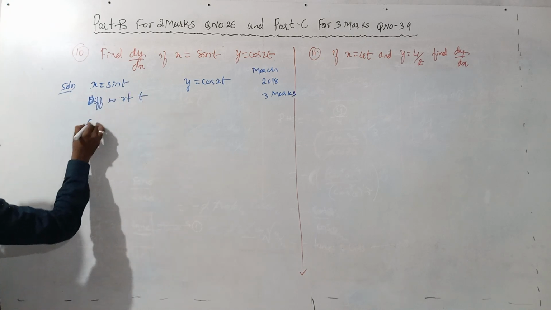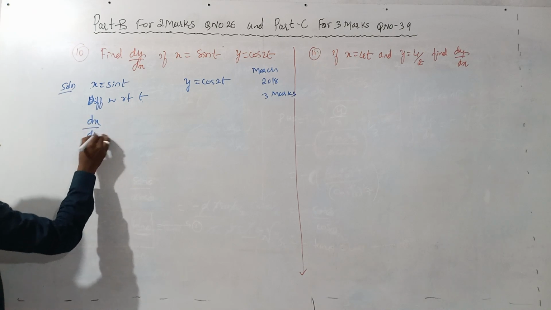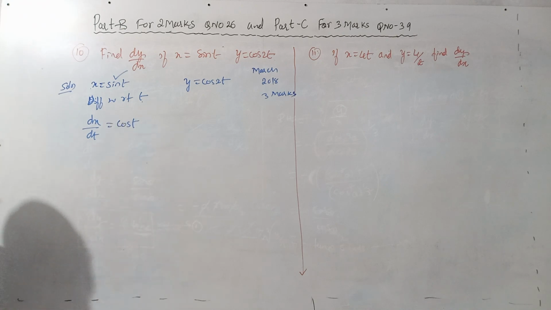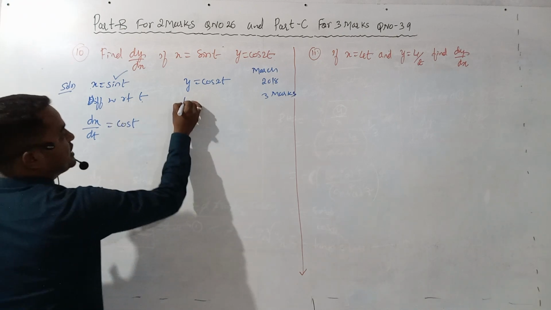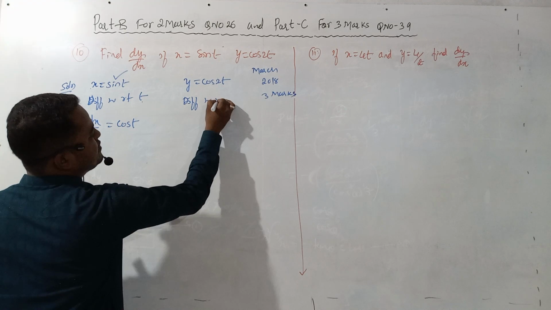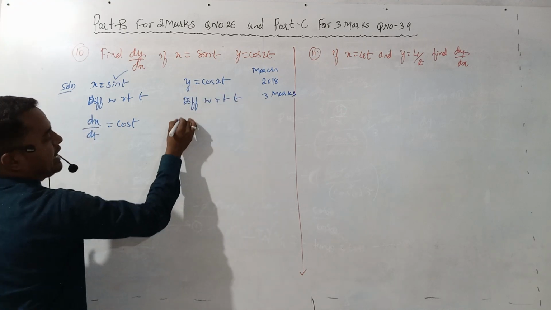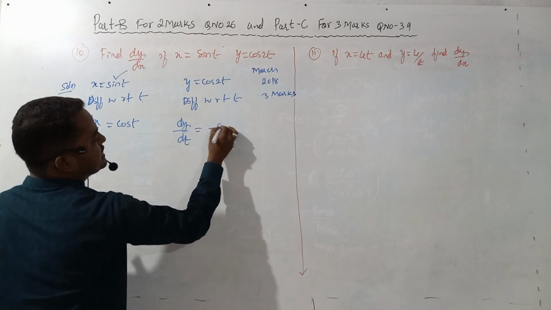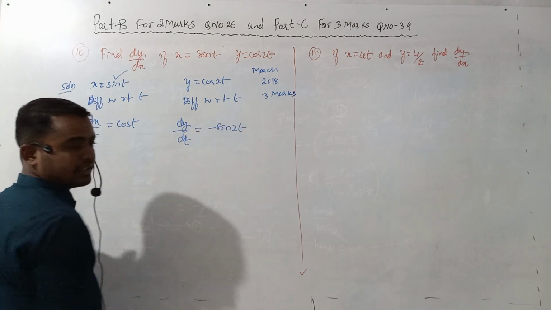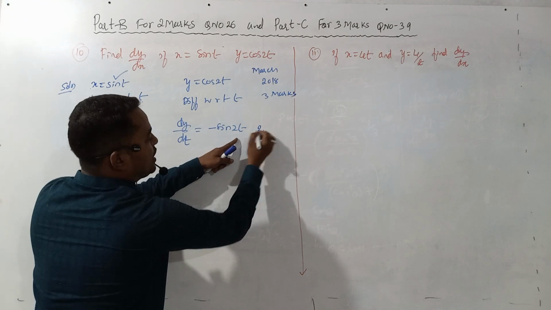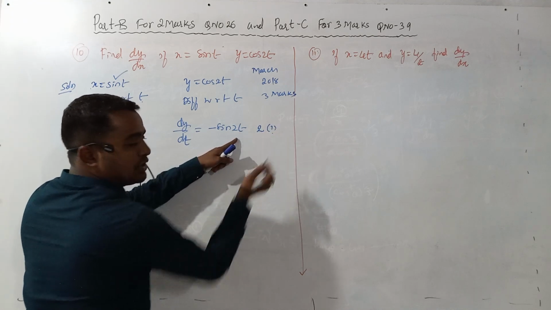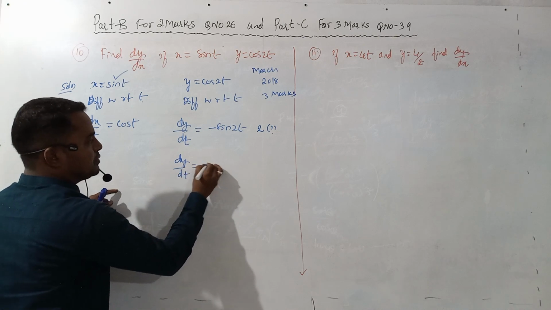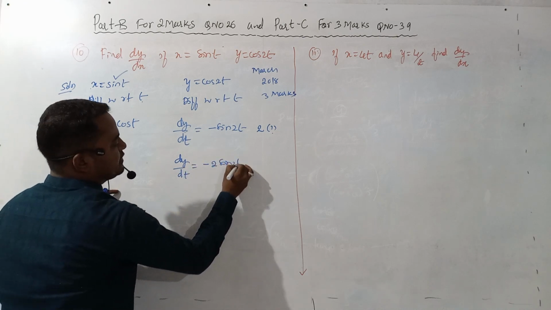The derivative of x with respect to t, dx by dt: the derivative of sin t is cos t. Now differentiate y with respect to t, dy by dt. The derivative of cos is minus sin 2t into 2, because the derivative of t is 1, and 1 into 2 is 2. Then dy by dt is equal to minus 2 sin 2t.